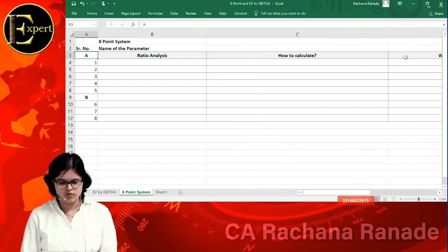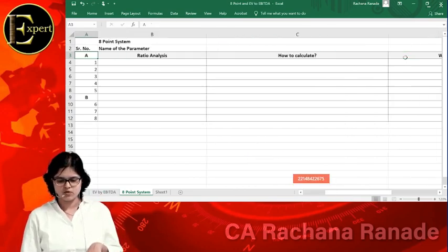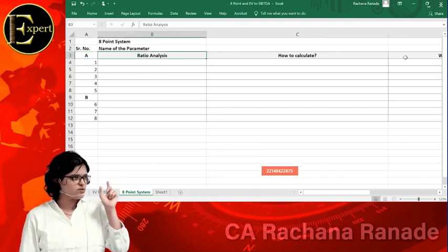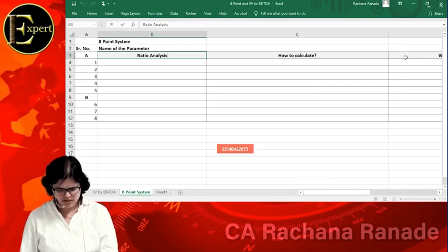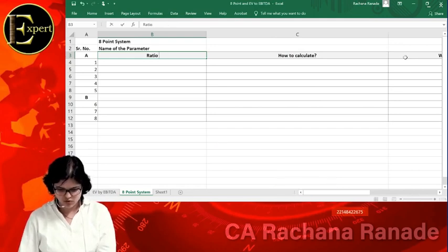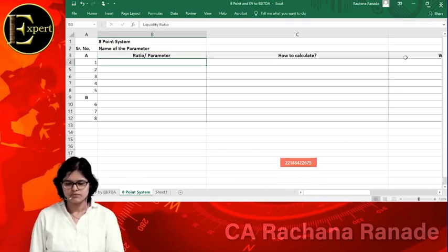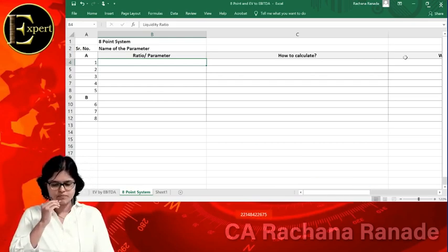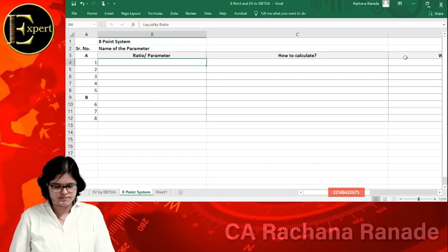Okay. So just one serial number and 4 major points. So if you can make this a columnar one, serial number, which ratio or which parameter, this is actually a ratio, or instead of writing ratio analysis, a better word is ratio slash parameter. Ratio or parameter.